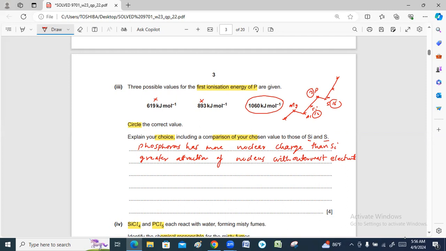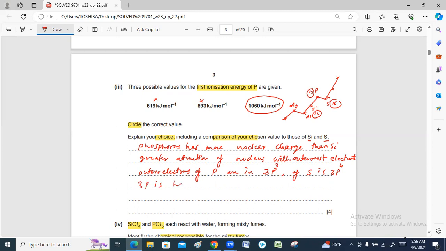Then if we compare phosphorus and sulfur, the outer electrons of P are in 3p. 3p3 is the outermost electronic configuration, then that of sulfur is 3p4.